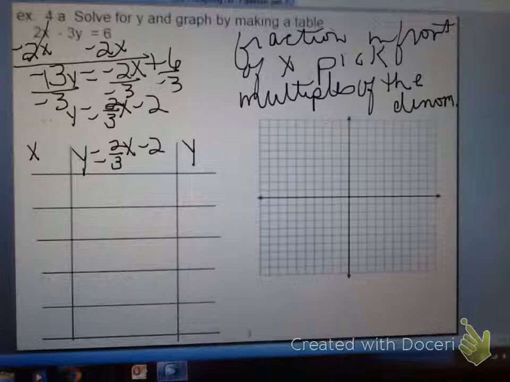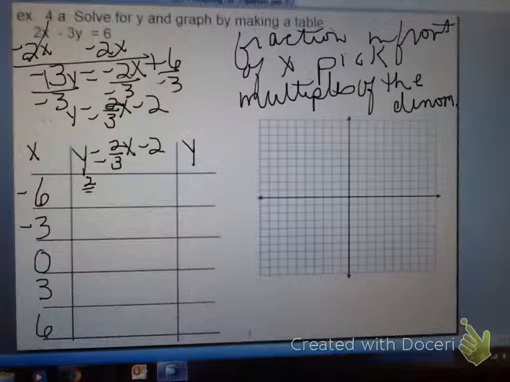That's an abbreviation, denominator. So what are multiples of 3? 3, 6, 9, 12, and you want to pick two negatives, 0 and two positives. So I am going to pick -6, -3, 0, 3, and 6.